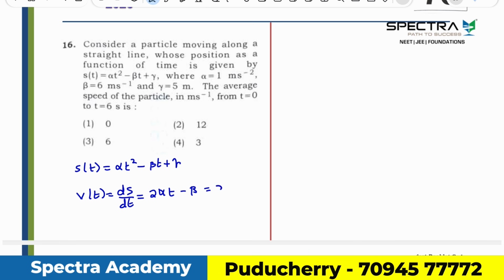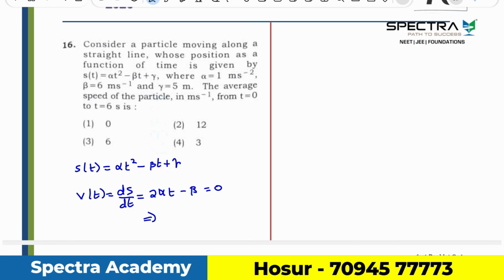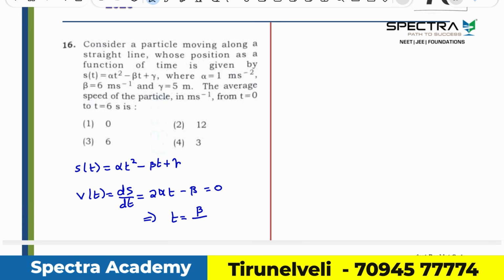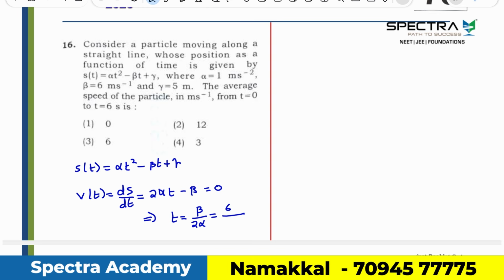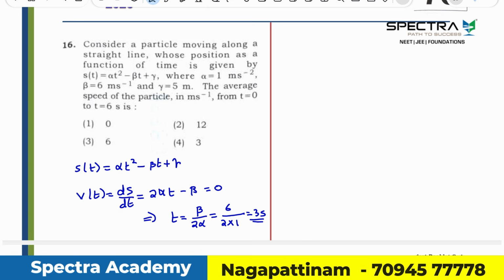Now let's equate it to 0, so that t is equal to beta by 2 alpha. Let's substitute. Beta is 6 and 2 alpha is 2 into 1. So this is 3 seconds, which means the body comes to a momentary rest at time t equal to 3 seconds. So after that there is a possibility the body will retrace.